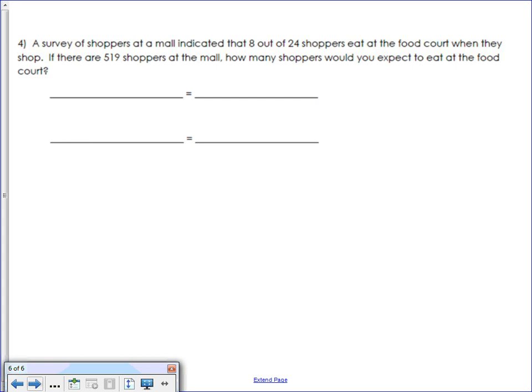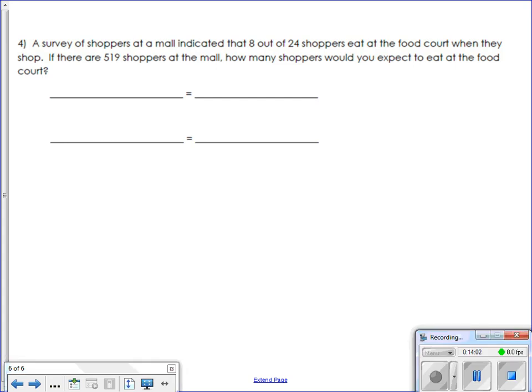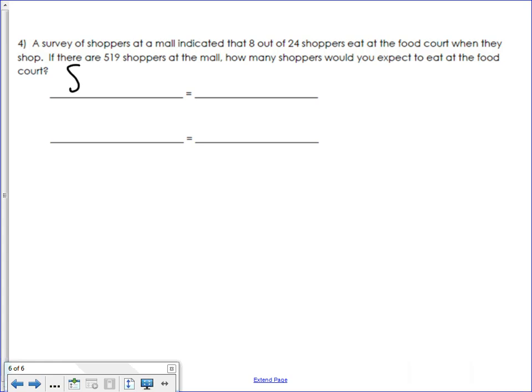Number 4, a survey of shoppers at the mall indicated that 8 out of 24 shoppers eat at the food court when they shop. If there are 519 shoppers at the mall, how many shoppers would you expect to eat at the food court? So my first ratio will be 8 to 24.